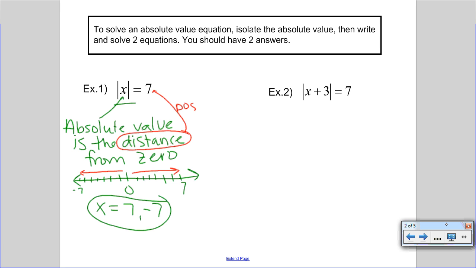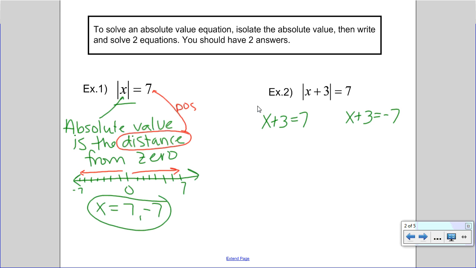We know that x plus 3 can equal 7, because 7 is 7 spaces from 0. But we also know that at -7, on the left-hand side of 0, I'm still 7 spaces from 0. So I have x plus 3 being equal to -7.